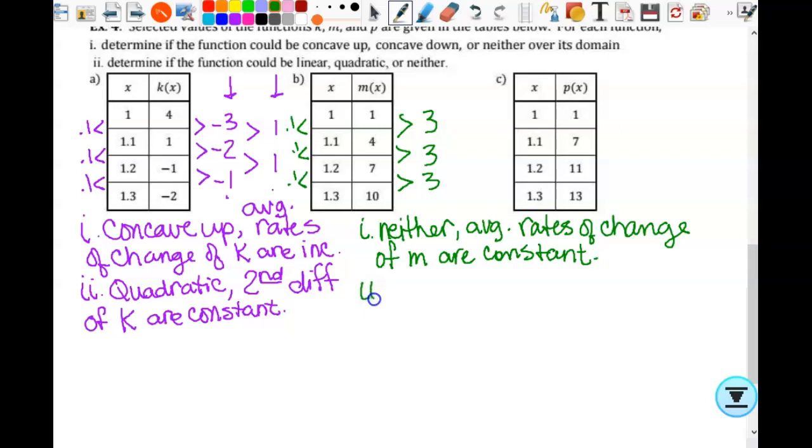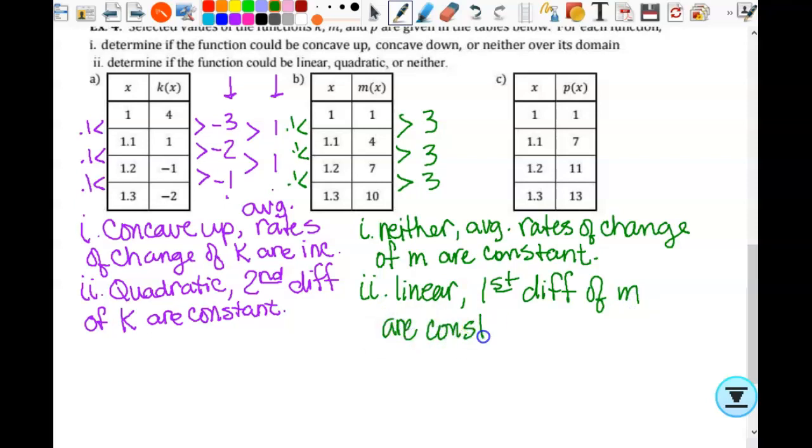So the answer to the second part is linear, and you can say the first differences of M are constant. Does that make sense? Do you understand what I mean by first differences and second differences? And literally that's something you do in Algebra 1 to figure out if things are linear or quadratic.